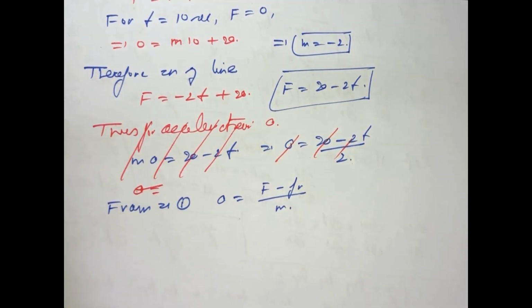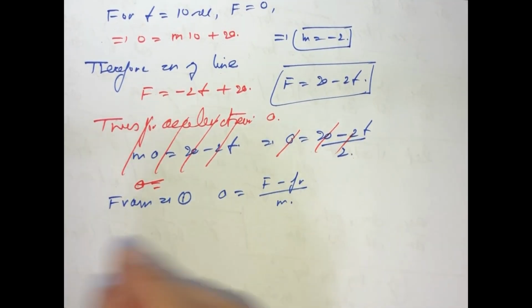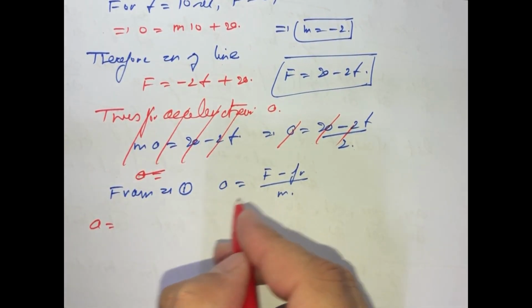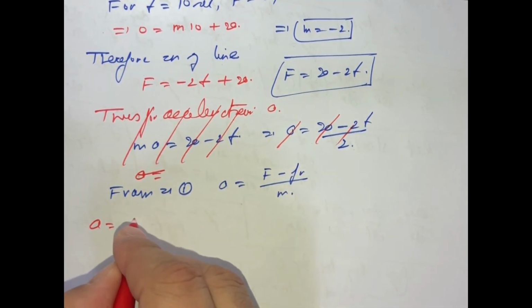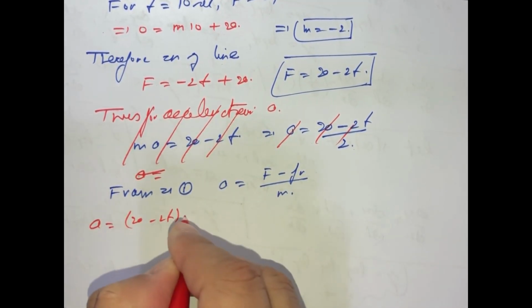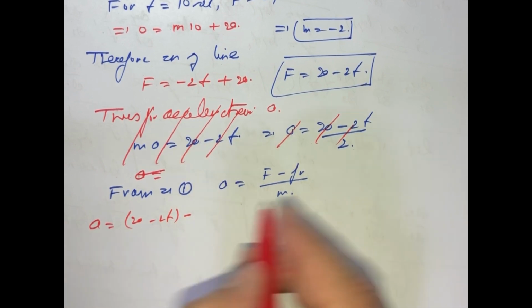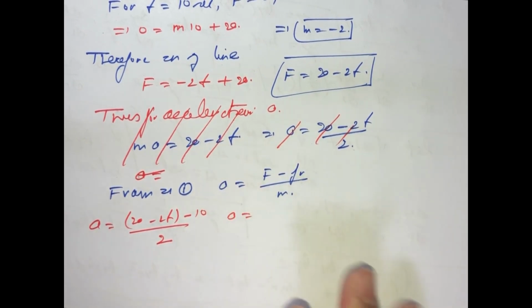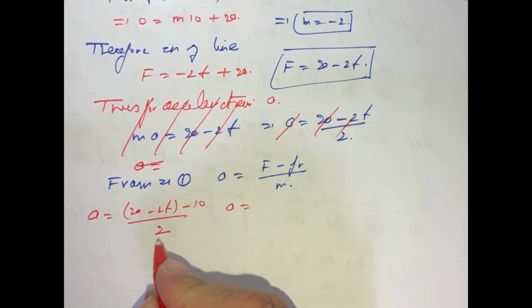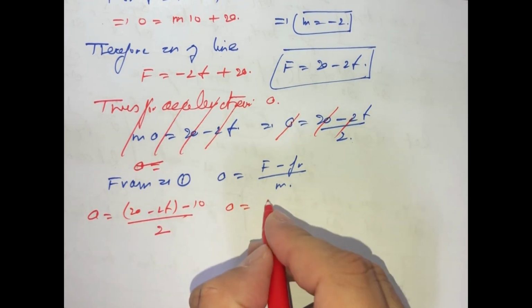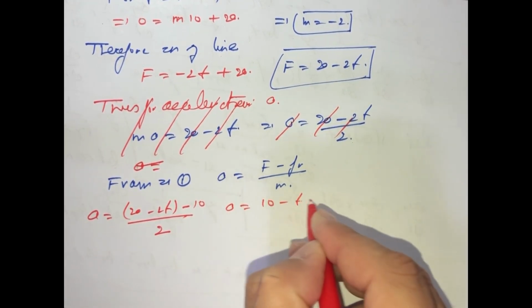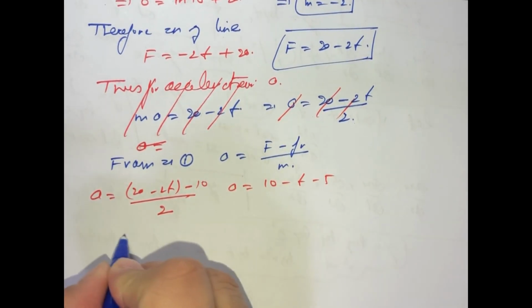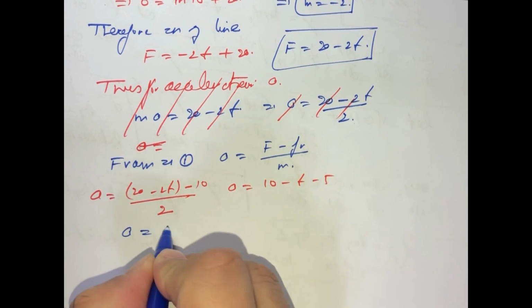We substituted here, so we get acceleration is equal to F is 20 minus 2t and Fr is our 10, mass is given as 2. So we get acceleration is equal to 10 minus t minus 5. So we get the acceleration equation as 5 minus t.